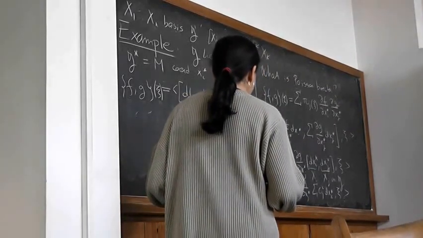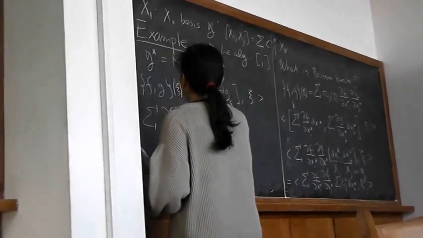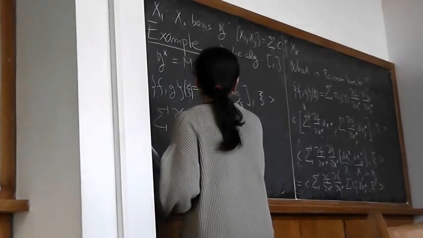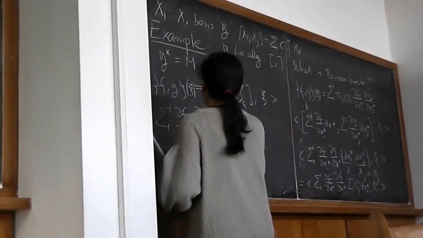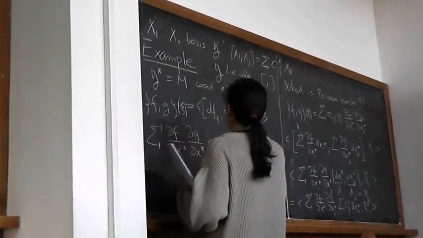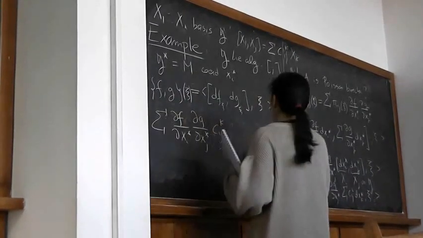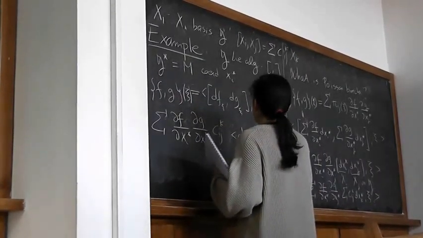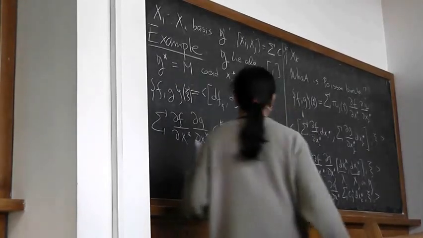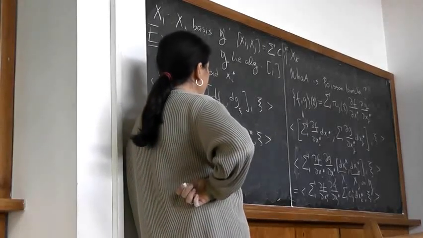So see that we have dg dxj star, and then I have Cijk, and really now we have the pairing dxk star psi.